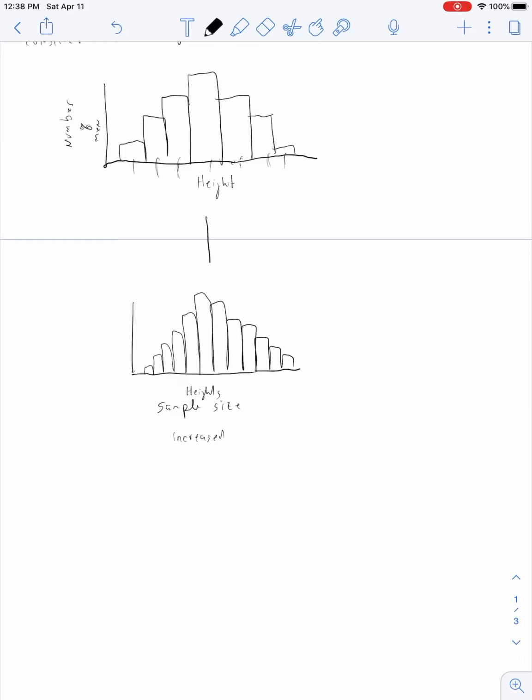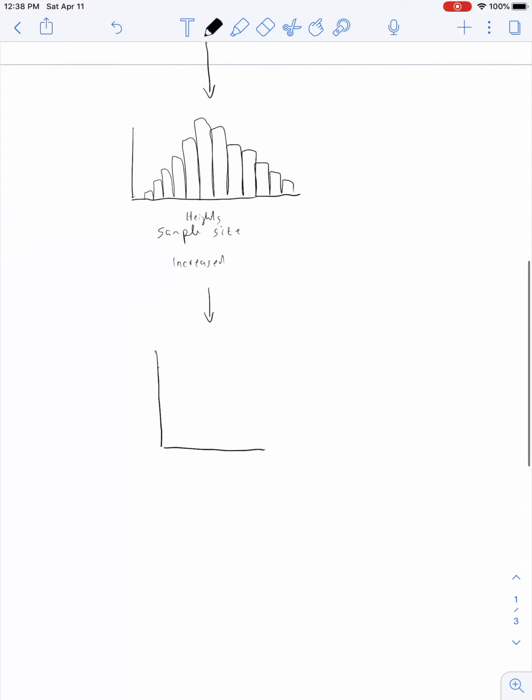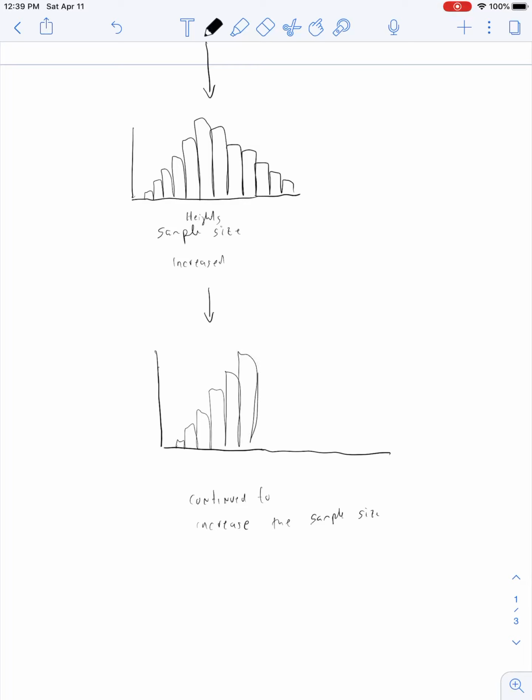And what would happen if this researcher continued to increase the sample size? We should see even more bars.